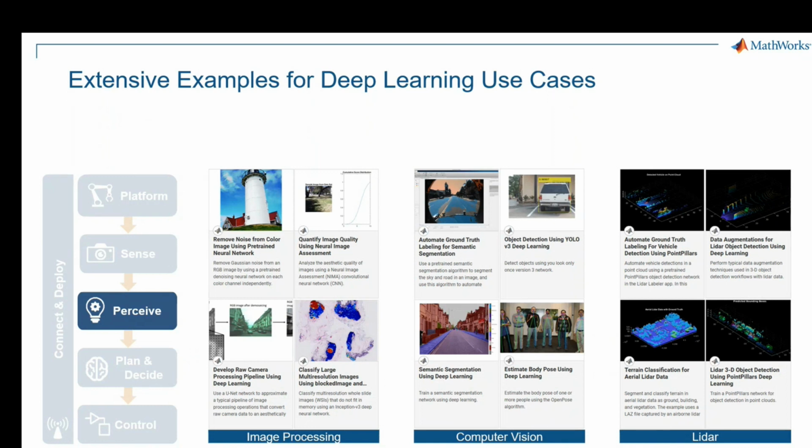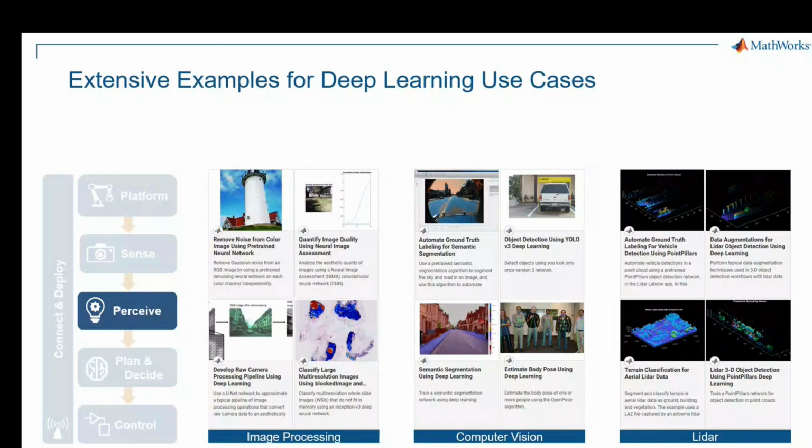Perception is not all about deep learning, but since it is quite commonly used nowadays in autonomous systems, I focus this part of perception on these methods. In our documentation, we have examples for different types of applications.